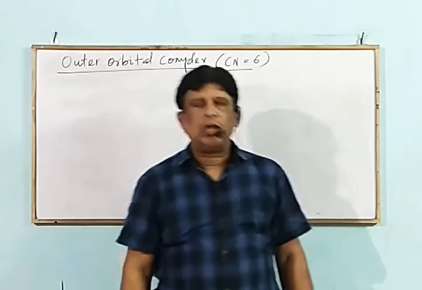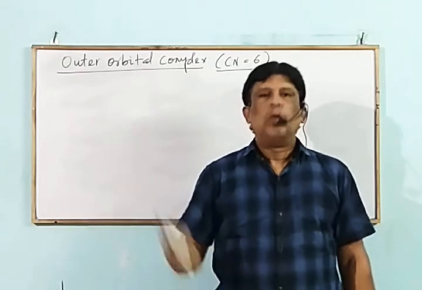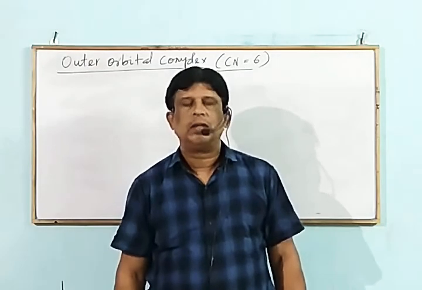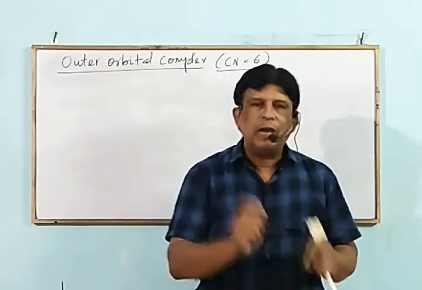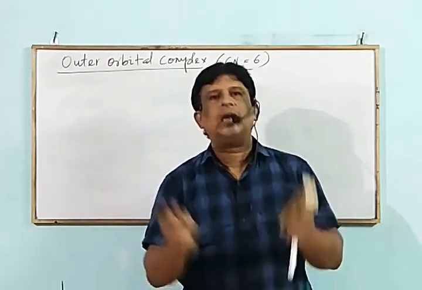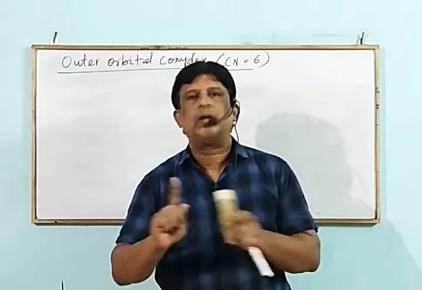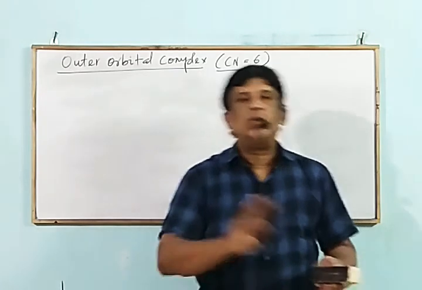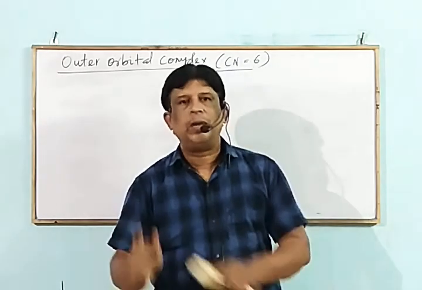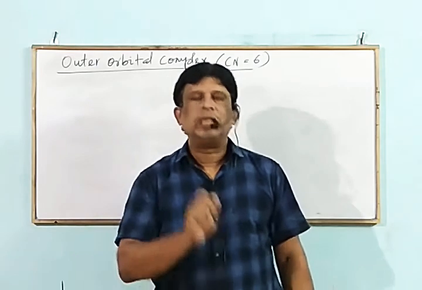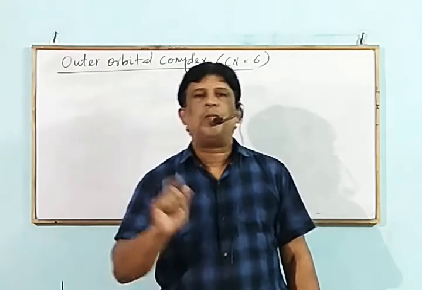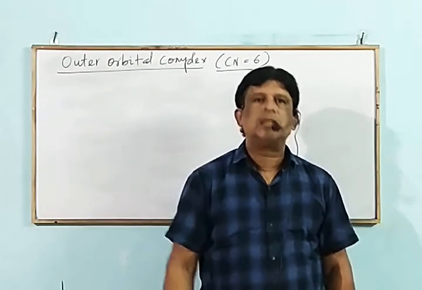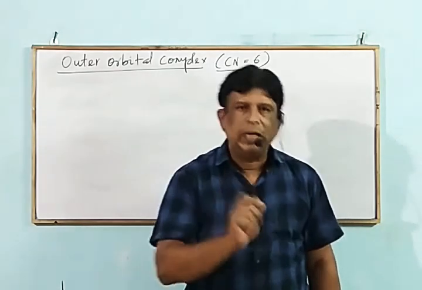In case of coordination number 6, octahedral geometry, when the approaching ligand is a weak field ligand, then the unpaired electrons in the inner (n-1)d orbitals never get paired up, as that would go against Hund's rule. As a result, the outer nd orbital, that is 4d orbital, participates in the hybridization, resulting in the formation of outer orbital complex. Since the maximum number of unpaired electrons are there, it is also known as high spin complex or spin free complex.